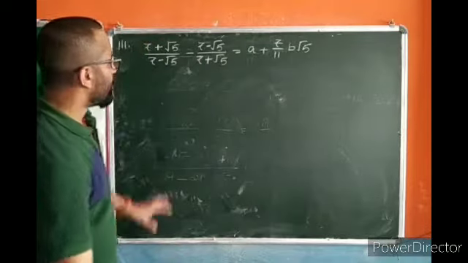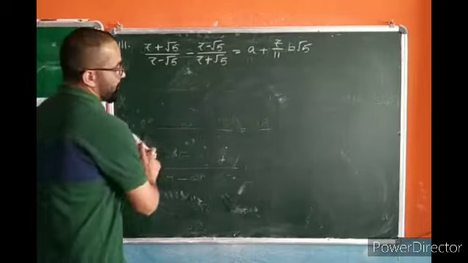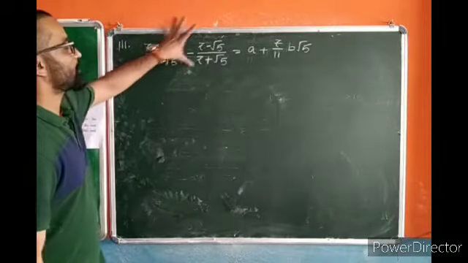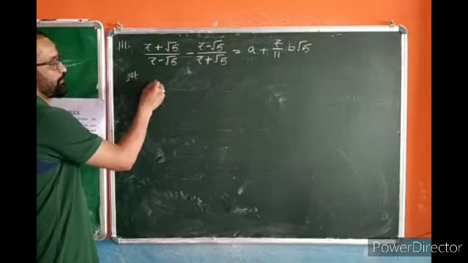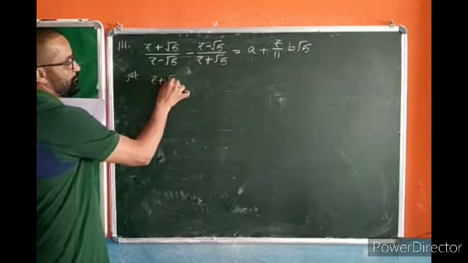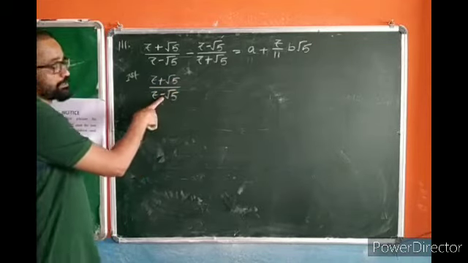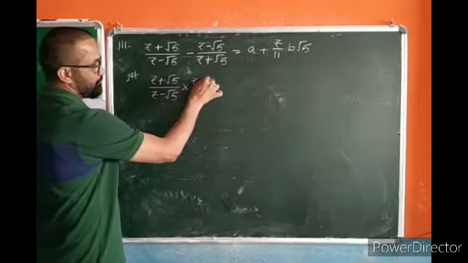Look at this one. I'll solve it separately first. As I did in simplification number 3, you can simplify separately. I'm taking the first term, 7 plus root 5 divided by 7 minus root 5. Minus sign at the denominator, so the rationalizing factor is plus.